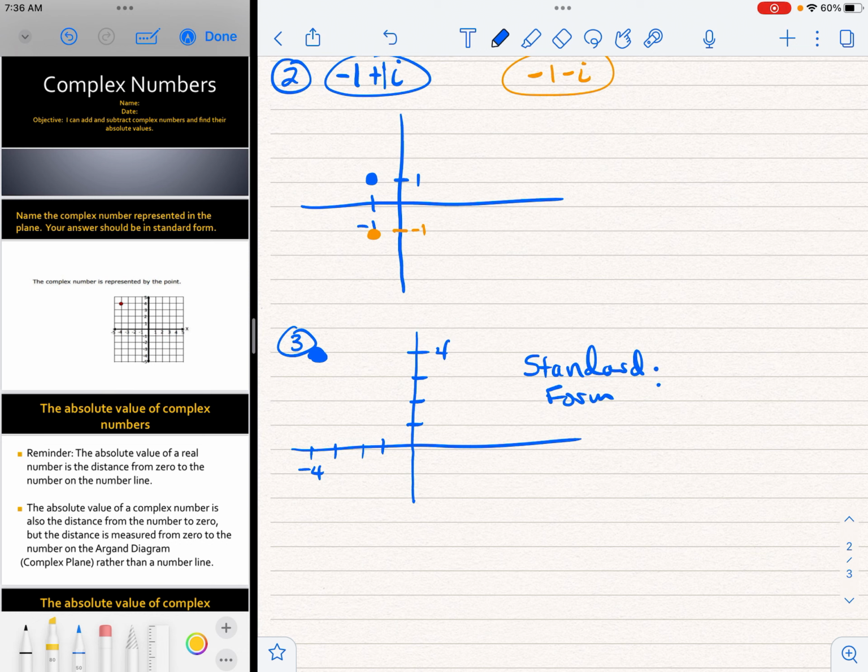The real portion of this complex number is negative 4, since the x-axis goes with our real axis. So this is going to be negative 4 plus, and we're going up 4 units on the imaginary axis, so 4i. So negative 4 plus 4i is going to represent this point on our coordinate plane.